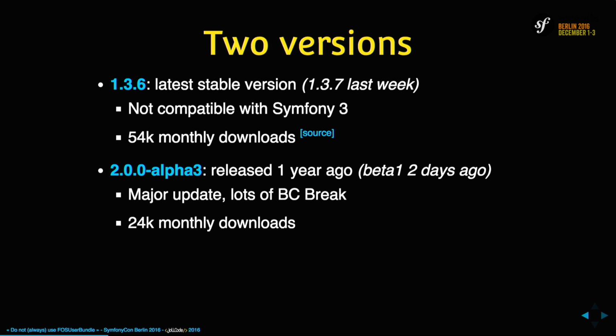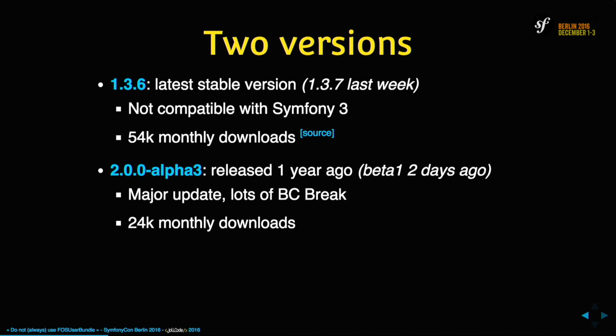So at the moment, we have two versions of FOSUserBundle. In fact, there were two releases in the past week, so I had to update my slide. The main version for the 1.0 branch is the 1.36. The 1.37 was released last week.